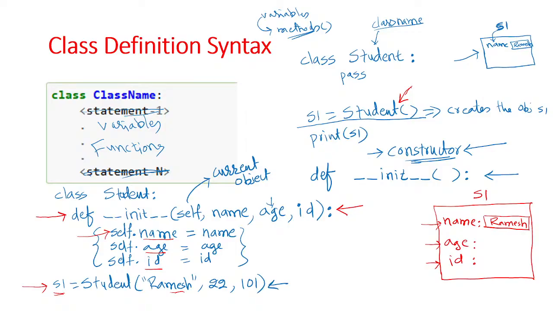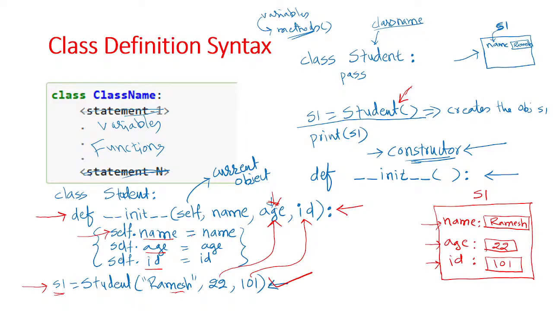Then self.age equals age: the right hand side age represents this parameter, so the value 22 will be stored. Then self.id equals id means 101 will be passed into this parameter id, so 101 will be stored here. This is how the s1 object is created internally with this statement.